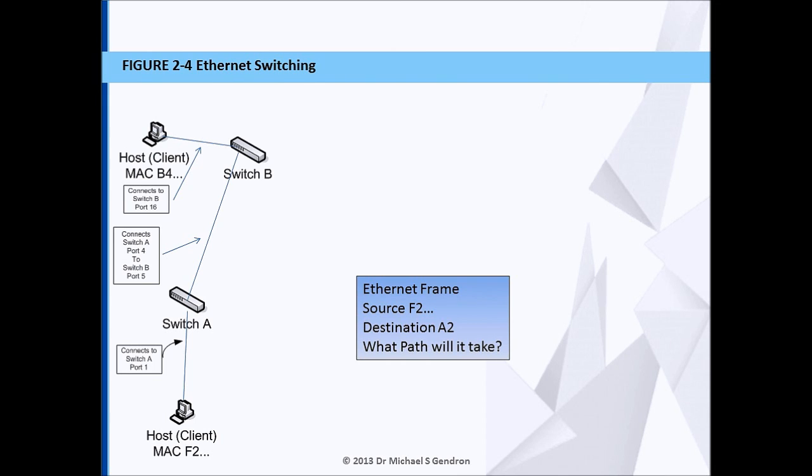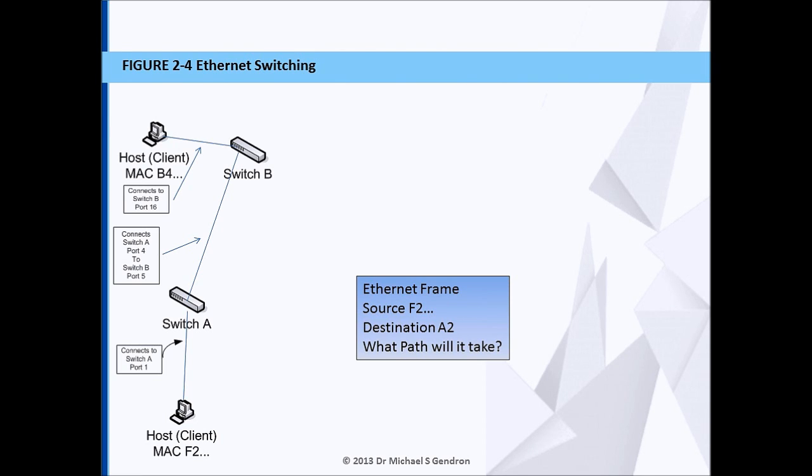Now today we don't normally connect switches in ports this way, but it can often be done. However, for our example, using port numbers on switches will illustrate some important points. So again, switch A port 4 connects to switch B port 5. We also see on switch B that we have port 16 connected to client host MAC B4.